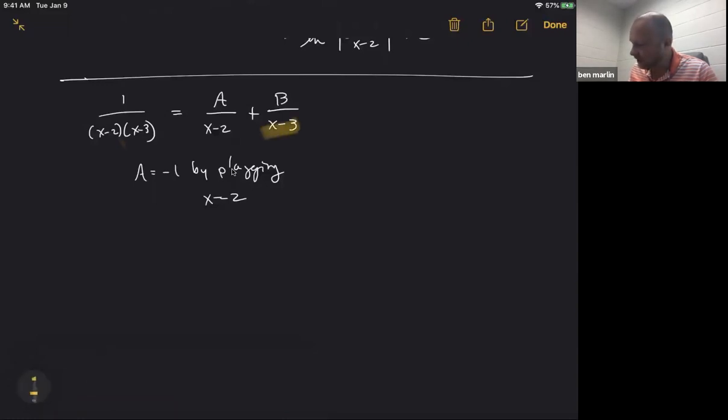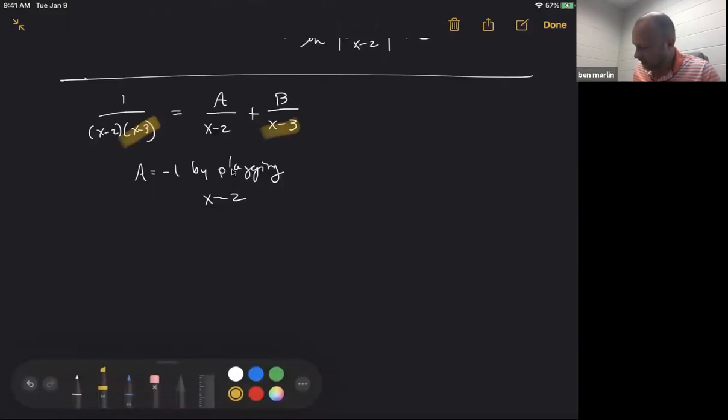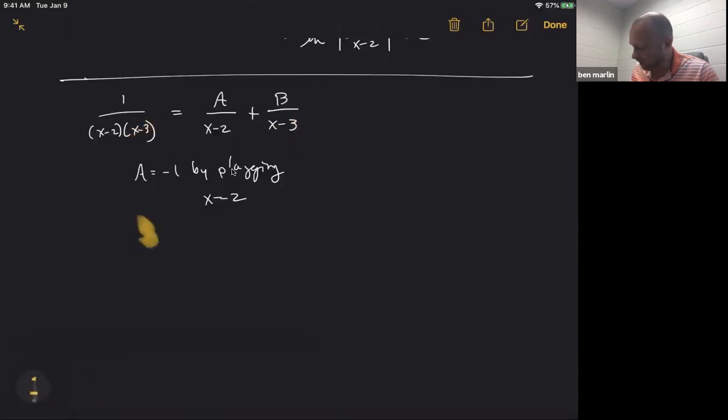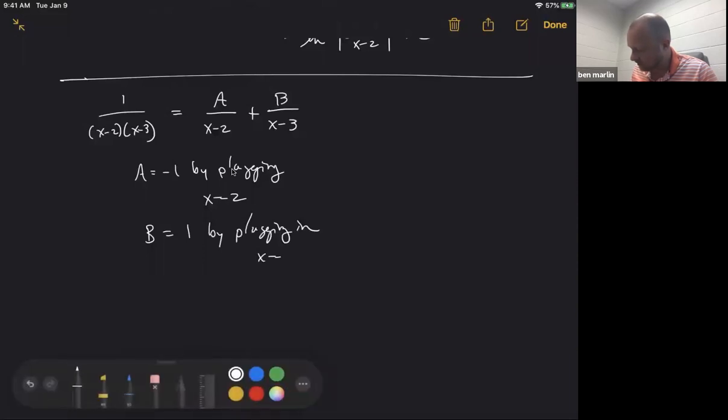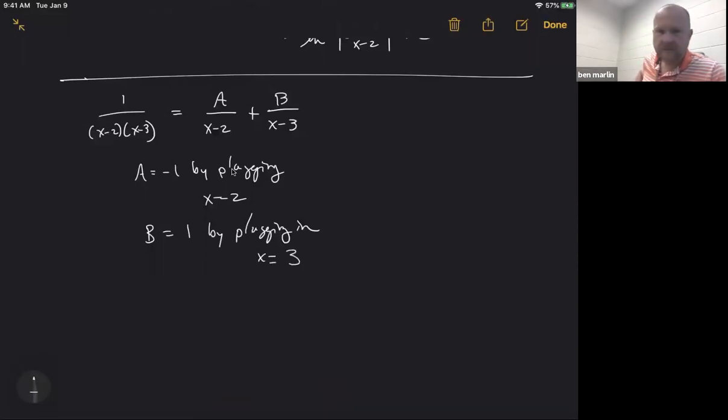So we cover up that factor here, plug in and do the calculation in our heads, and we will find out that we have 1 over 1. So b has to be 1 over 1 by plugging in x equals 3. Okay, so that is referred to as the Heaviside cover-up method.